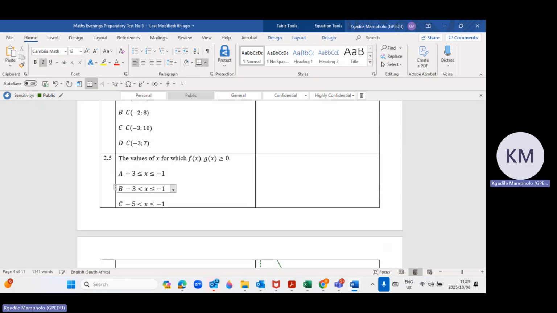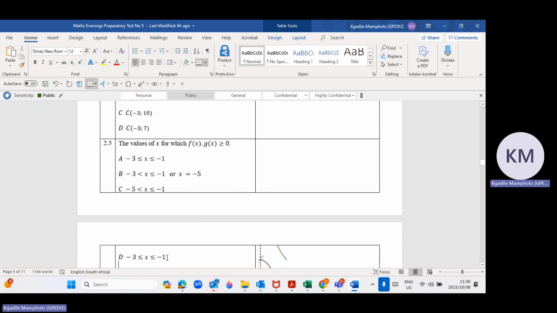But we say where x is equal to -5, because at -5 x equals 0, because we say where it is greater than or equal to.